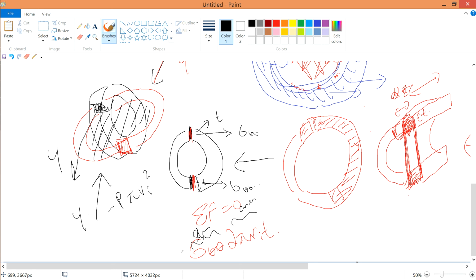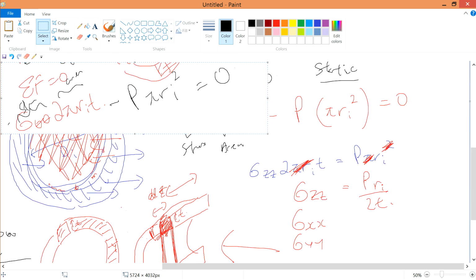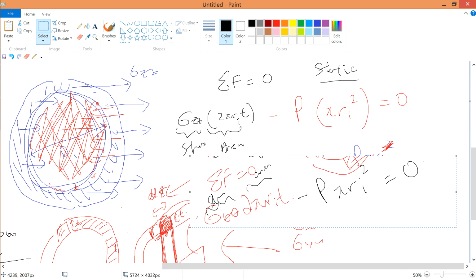It's still in the y direction. Therefore, we just subtract this, equals 0, and you will see something that is exactly the same. It actually comes to this one. Just take a look.